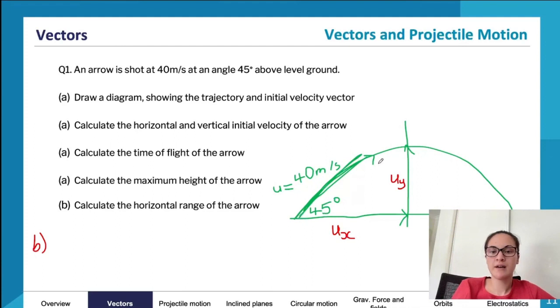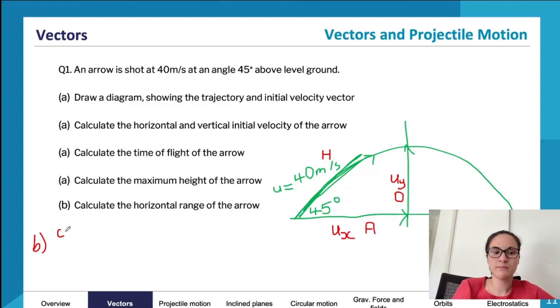So this is being fired, and uy is opposite this angle. This is the hypotenuse, so think of it like trigonometry, SOHCAHTOA, and this is adjacent. So to calculate ux, that's our adjacent, so we're going to be using cos.